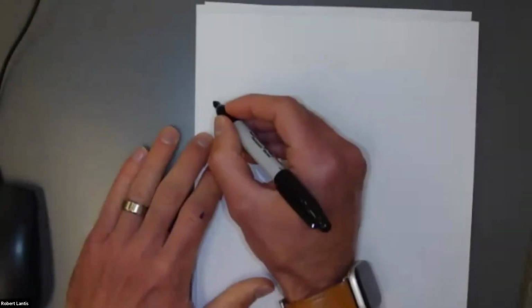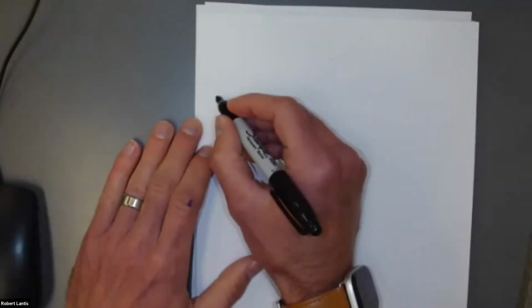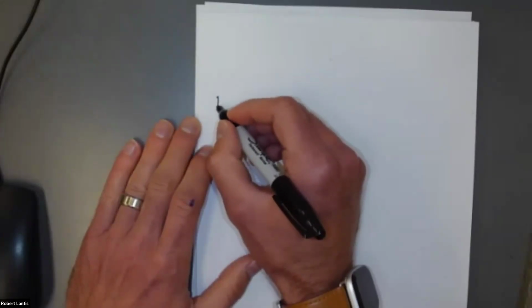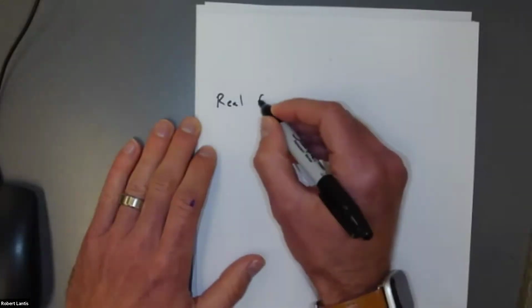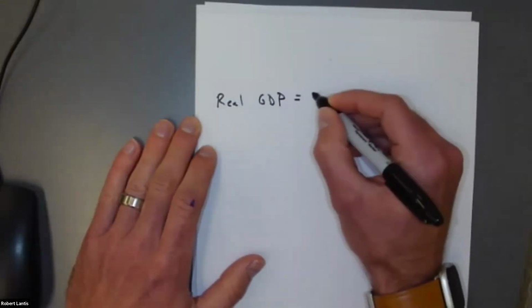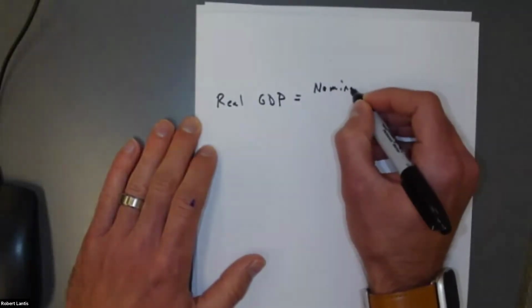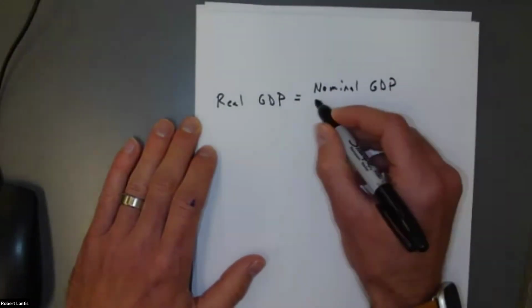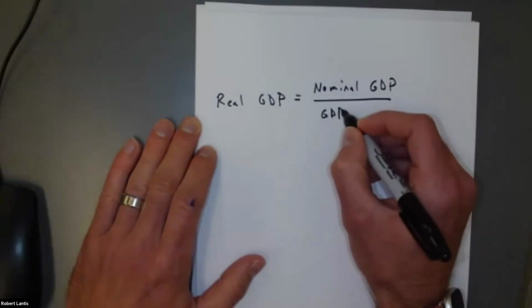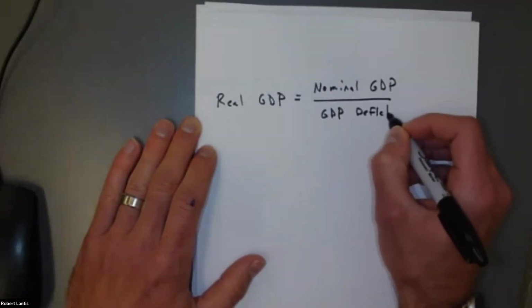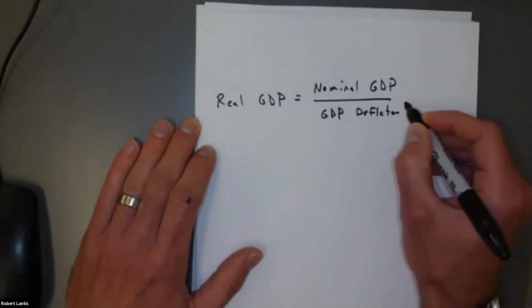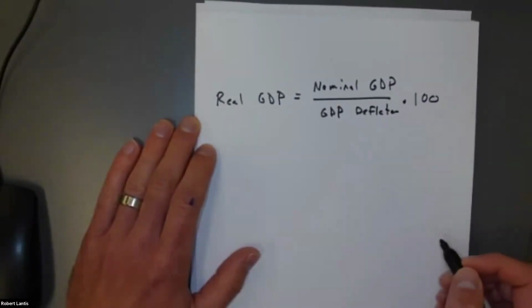So if I'm thinking about, I've got real GDP is equal to my nominal GDP divided by that GDP deflator. And then we multiply this by 100.